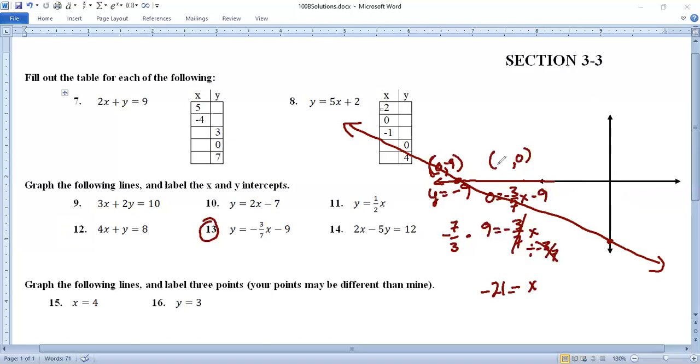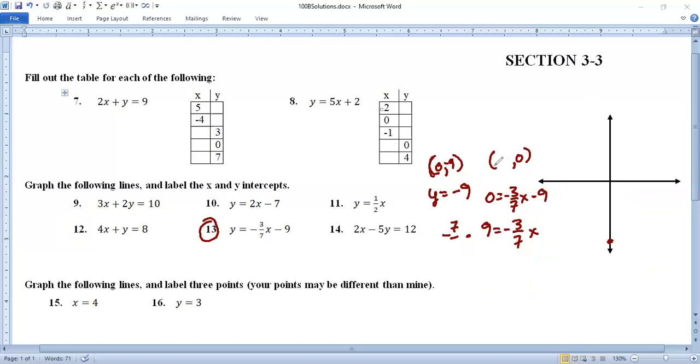So if we zoomed out, let's redraw where those two intercepts would be now that we know how big they are. Okay, so if we had -9 and we said, oh, let's zoom out, so that's like -20, so -9 is about right there.